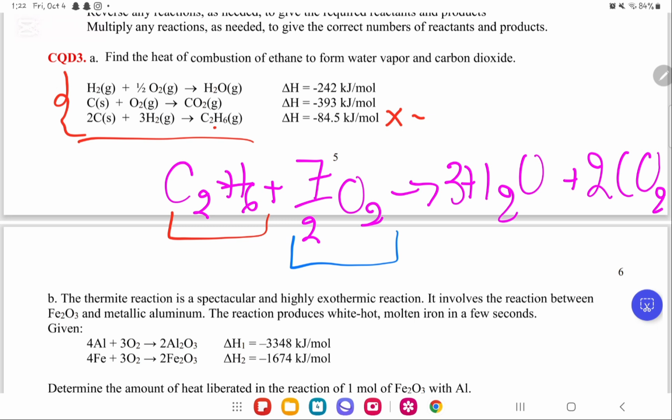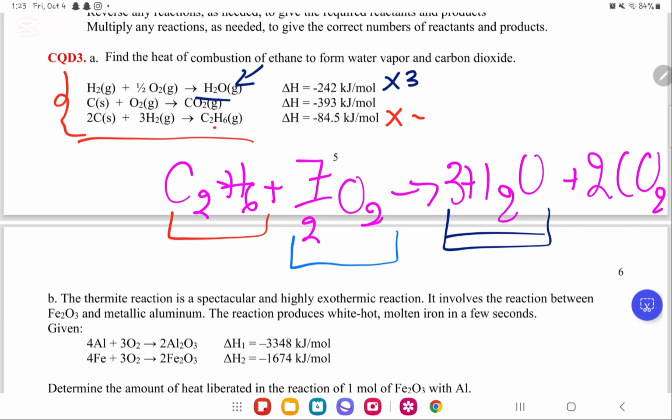Okay, now the 3H2O. Which equation has H2O? This equation has H2O. Now, for us, H2O is in the reactants. Is the H2O here in the reactants? Yes. But here we have 3 moles of H2O, whereas here it's 1 mole of H2O. So how do we make it into 3 moles? We multiply the full thing by 3.